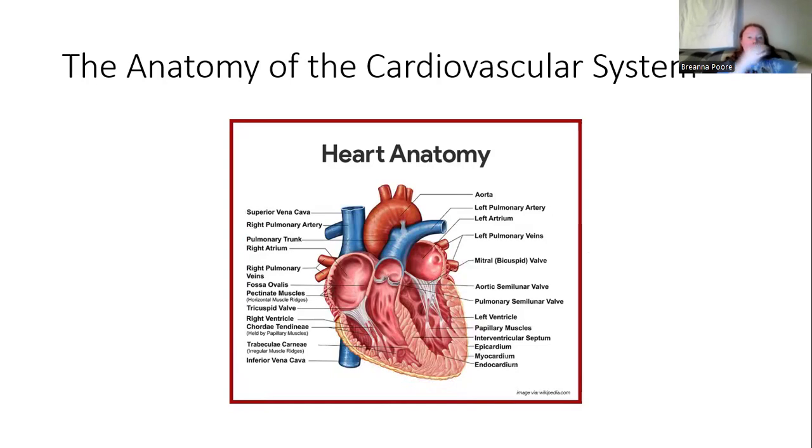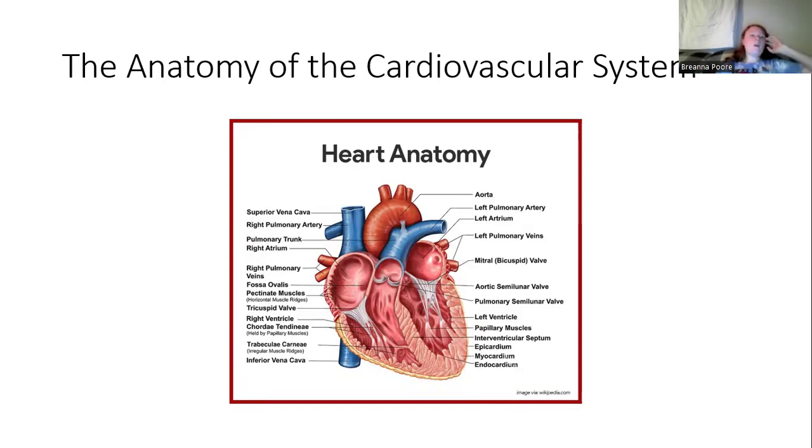This is the anatomy of the cardiovascular system. You have the superior vena cava, the right pulmonary artery. Also, let me mention that when it comes to the heart, everything is flipped. Like the right side is the left side and the left side is the right side.